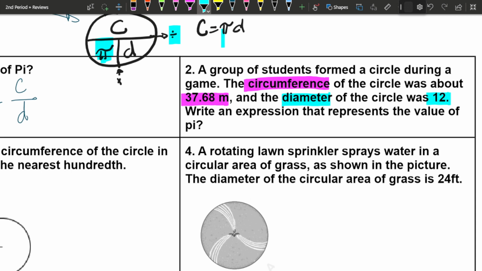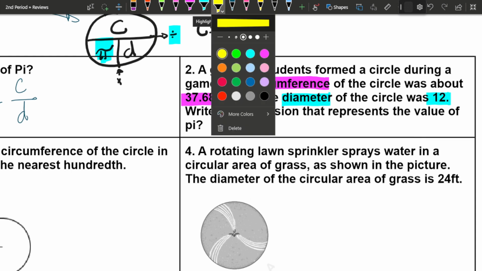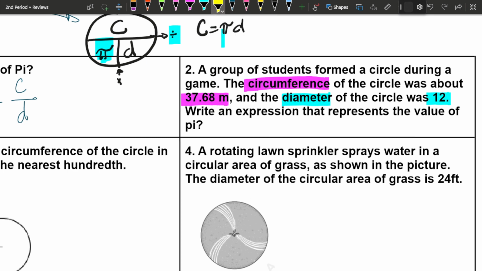It says write an expression that represents the value of pi. So I'm just writing the equation. I'm not solving pi. Okay?